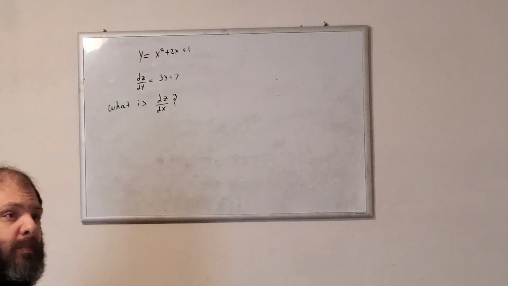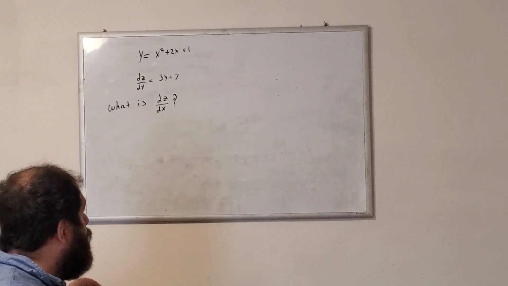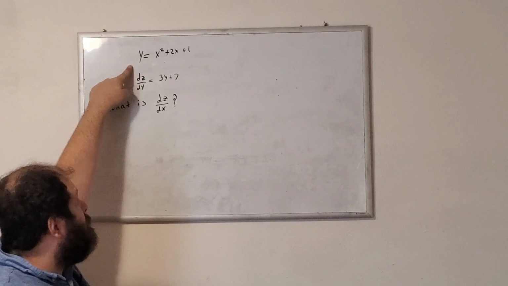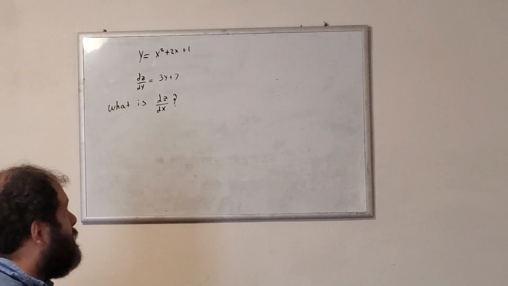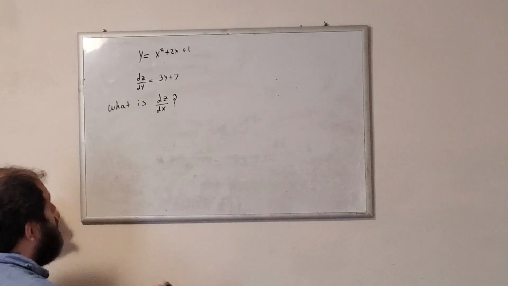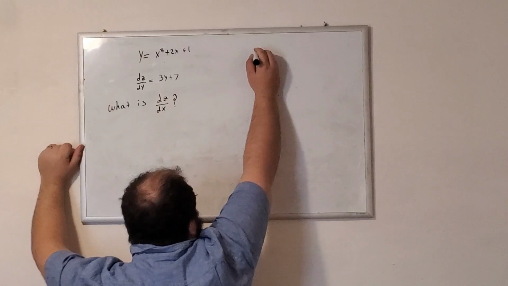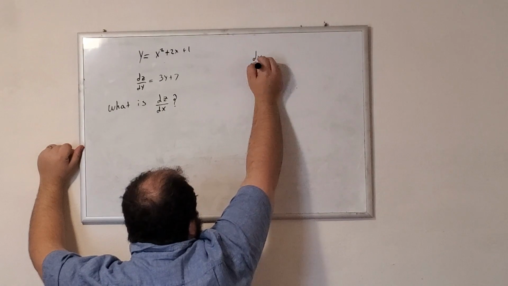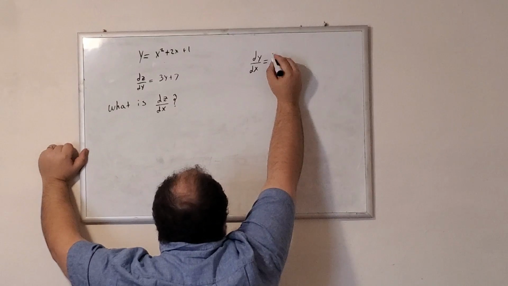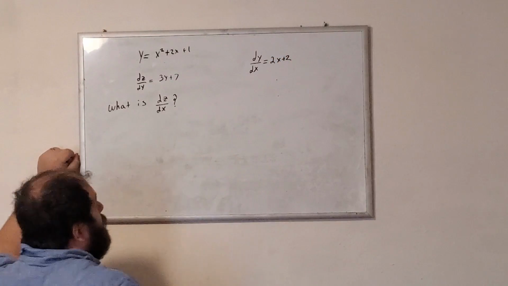Using the method from the previous portion, we know that if we find dy by dx and multiply them, we'll actually get dz by dx. So let's go ahead and do that. dy by dx is equal to 2x plus 2. Okay?